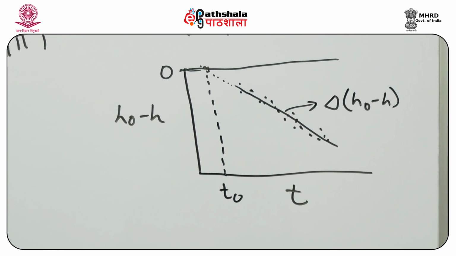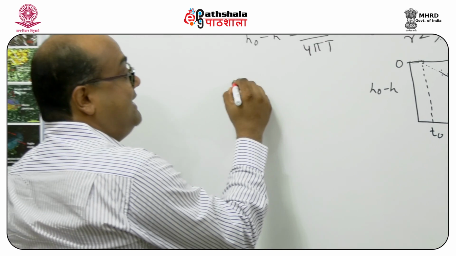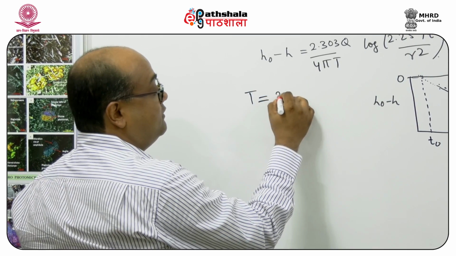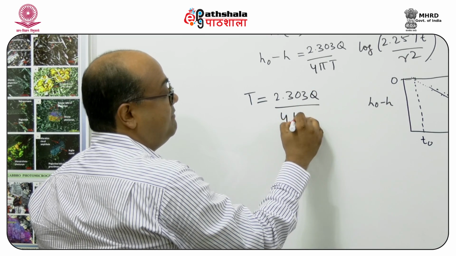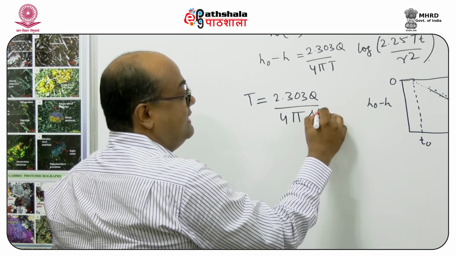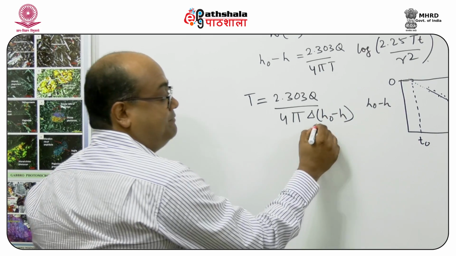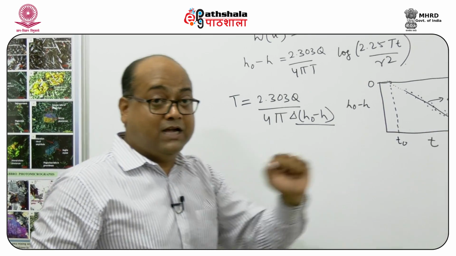Now how do we use this in the modified equation? The transmissivity is equal to 2.303 Q divided by 4 pi delta (h0 minus h), which is basically the slope of the line that we can obtain from the curve.